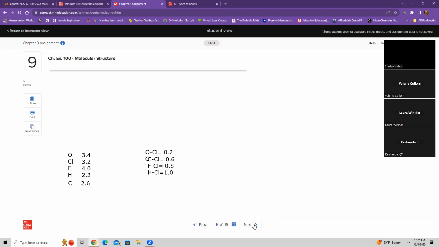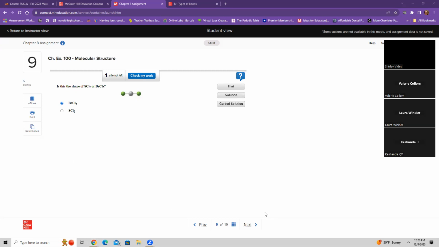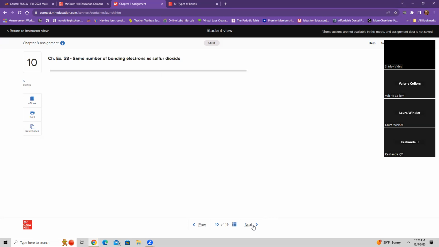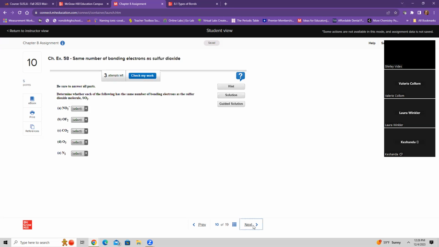All right, molecular structure. Is this another one? Nope. All right, obviously beryllium chloride is going to be this one because beryllium is an exception, right? So it's got to be that one. Bonding electron sulfur dioxide. We just look at that one later.